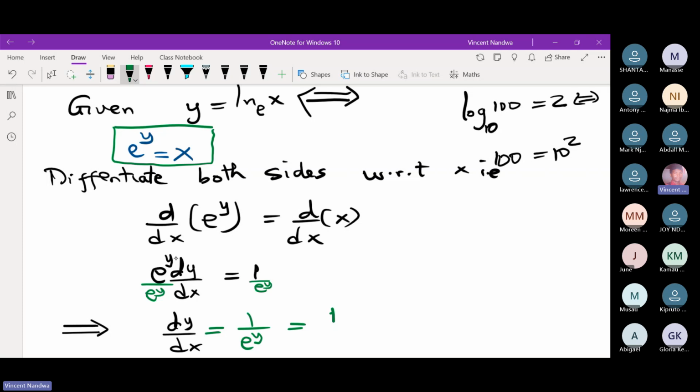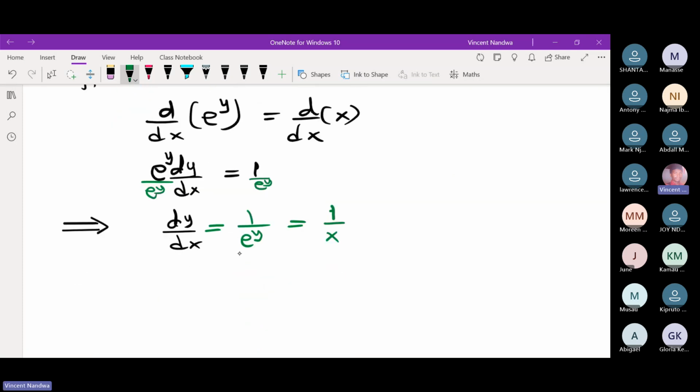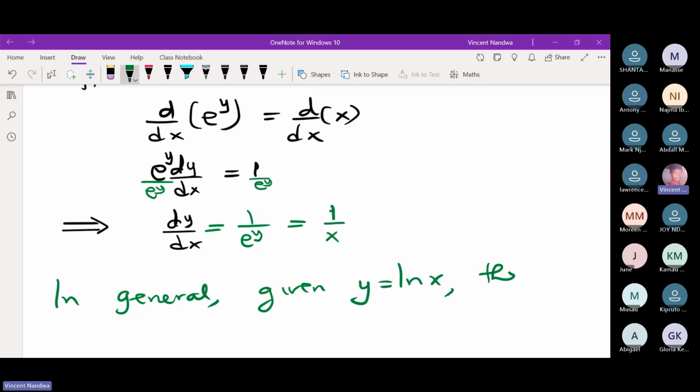So this is the same as 1 over x. So in general, given y equals ln of x, then dy/dx is always given by 1 over x.